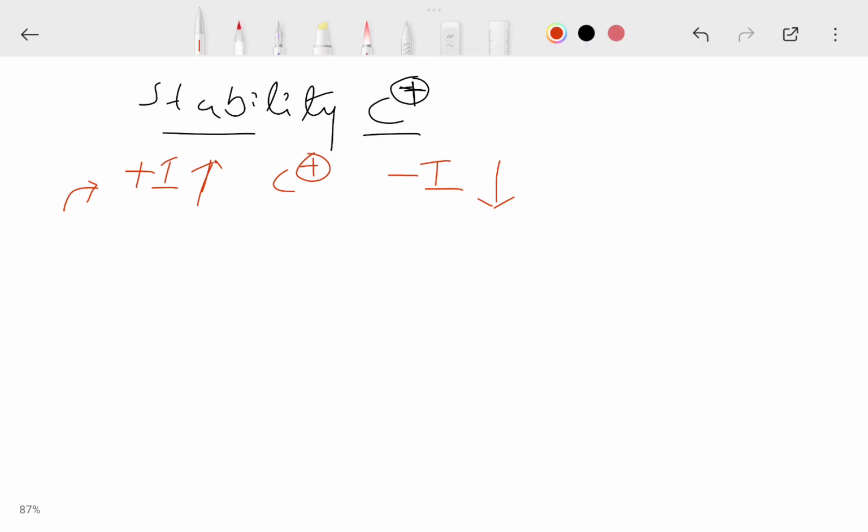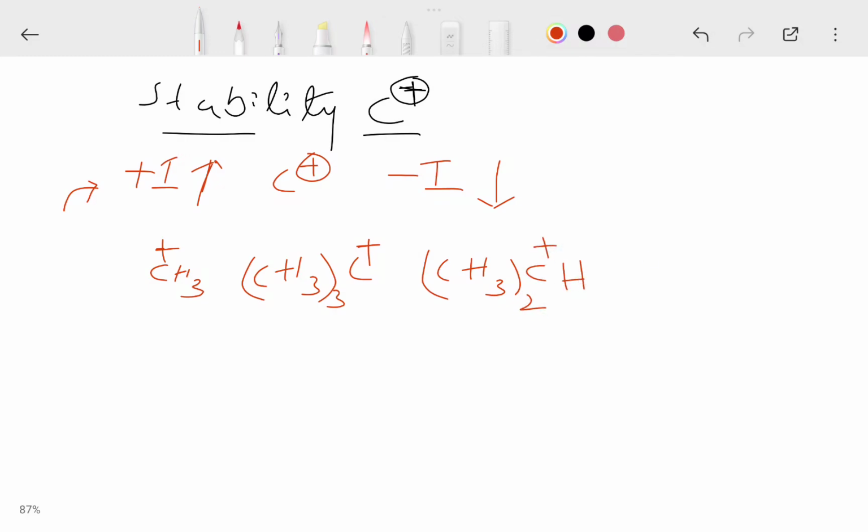For example, CH3 plus, CH3CH2 plus, (CH3)2CH plus, and (CH3)3C plus. This one is primary, secondary, tertiary, and methyl carbocation.